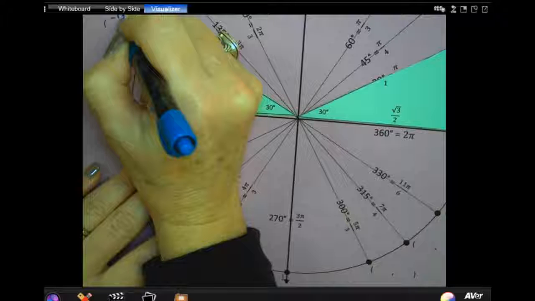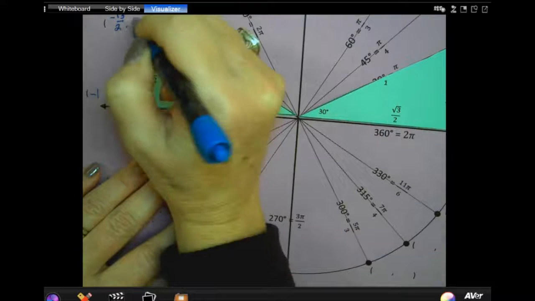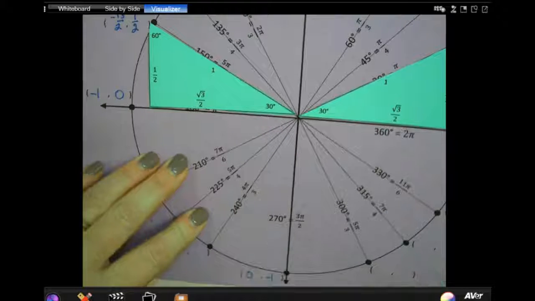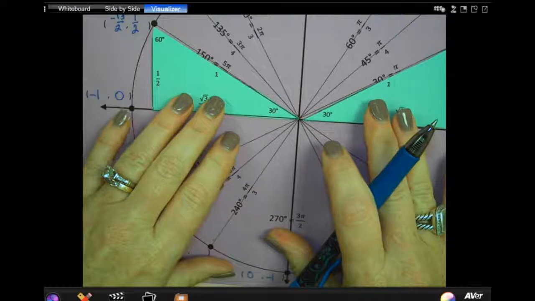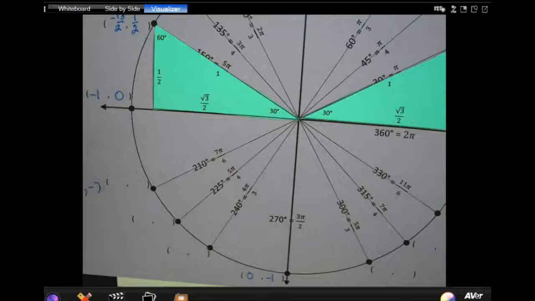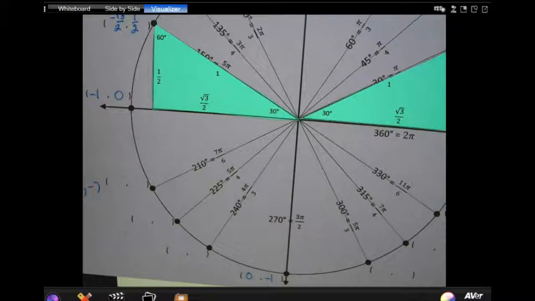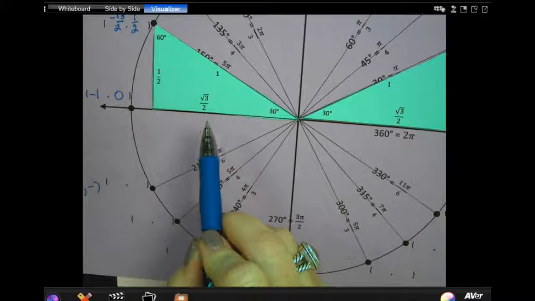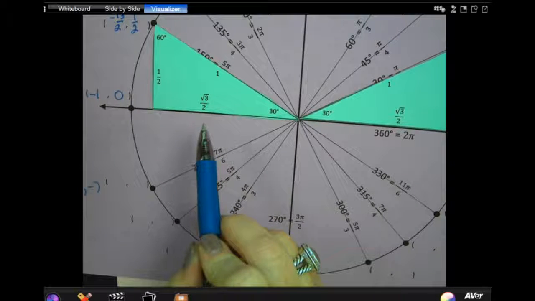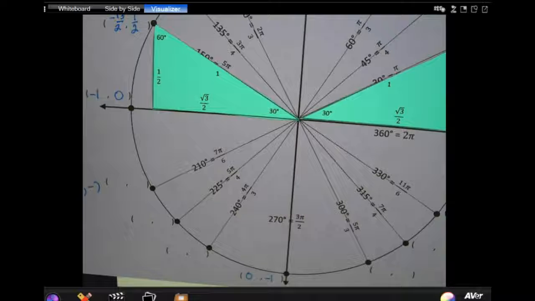Negative square root of 3 over 2. And the y? It's a positive 1/2. Well, that's what the side is, right? Look at yours. You don't have to look at mine. You have one in front of you.